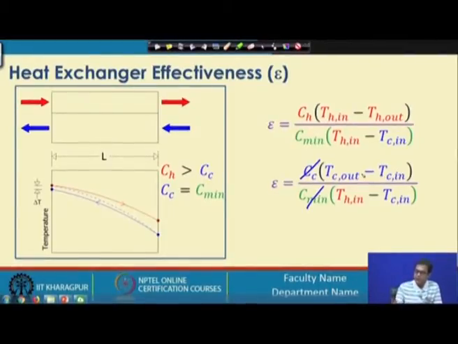So, in this case this becomes a simple expression: epsilon equals T C out minus T C in divided by T H in minus T C in. So, this is T C in, this is T H in, and this ratio is telling the overall heat exchanger effectiveness. Now, similarly, let us find the effectiveness in the other situation.